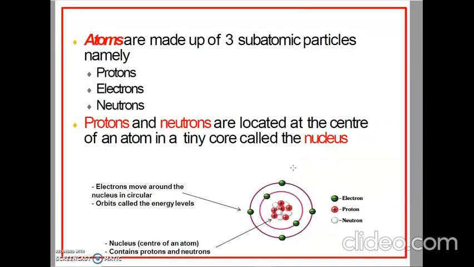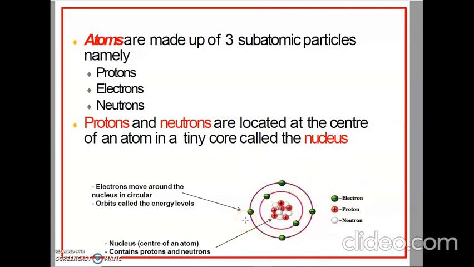Atoms are made up of three subatomic particles, namely protons, electrons and neutrons. Protons and neutrons are located at the center of an atom in a tiny core called the nucleus. So this is the analogy of how the atom looks. The outer layer of the atom is made up of electrons.